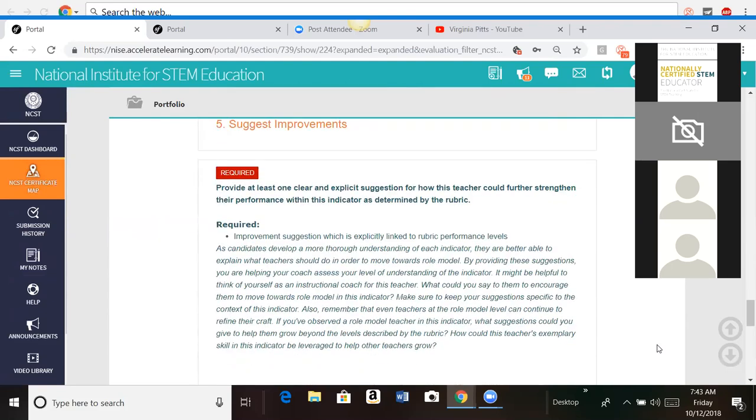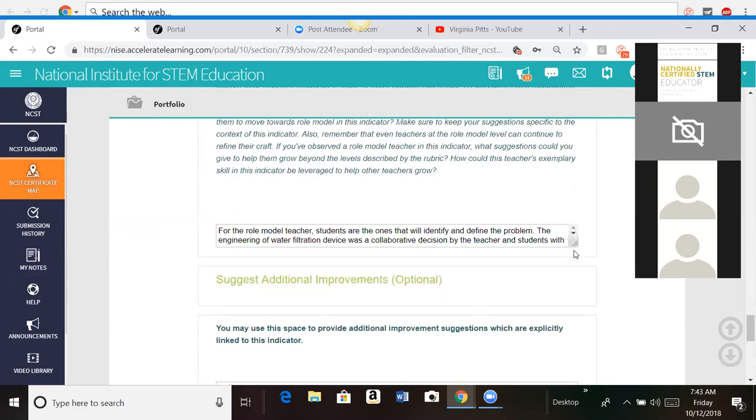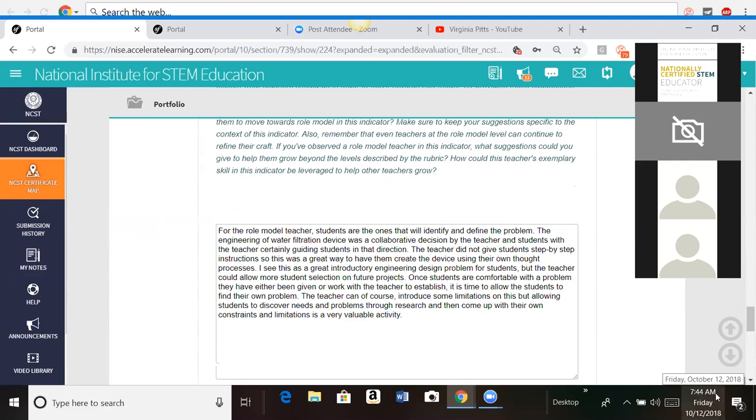Then they would come down, and for the suggestion, the teacher can, of course, introduce limitations, but she needs to let the kids actually brainstorm first and decide what they wanted to do. She doesn't need to give step-by-step advice on how to do an EDP.